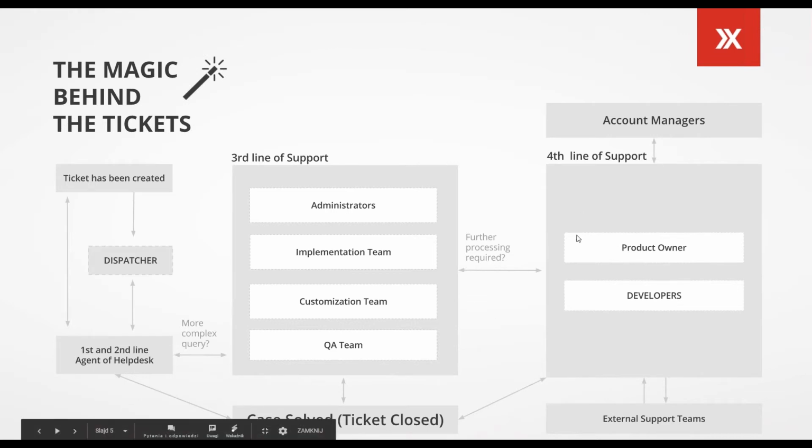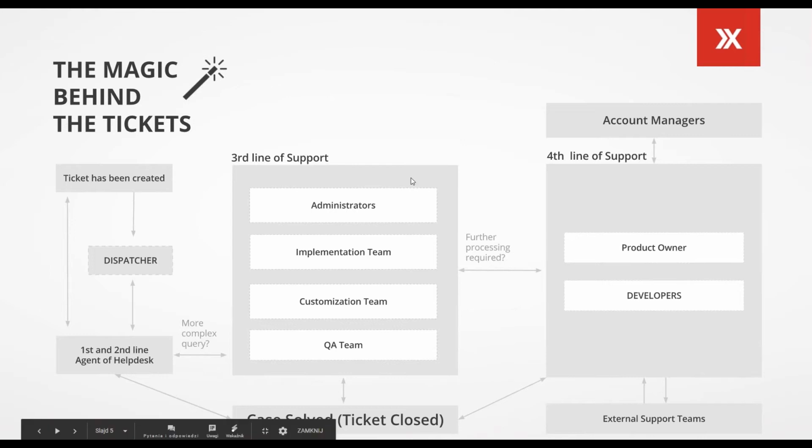Very often tickets are closed at that time, conducting only the third line of support. Of course, it might also require some extra additional information. So it happens that the ticket might travel from the third line of support back to the first line of support when we are asking you for more information.